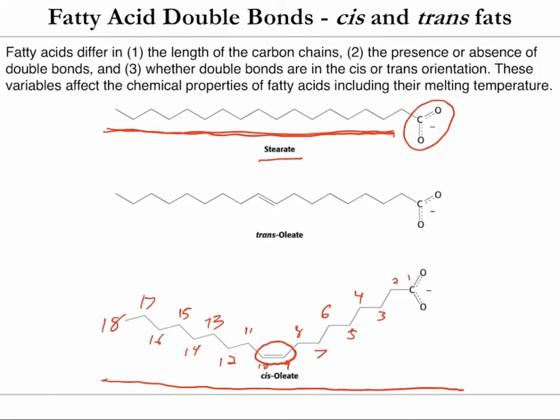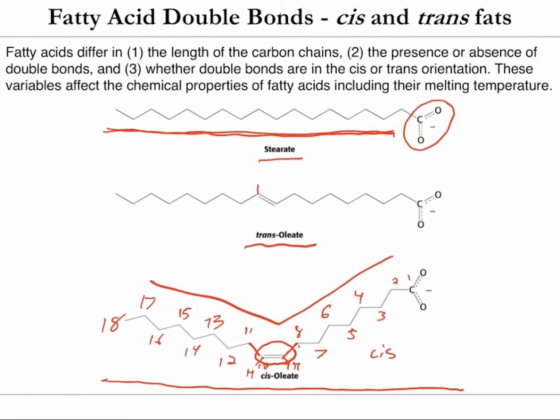This changes the conformation of this hydrocarbon chain. This double bond in this molecule is in the cis orientation, and that means basically it comes down here, there's a hydrogen here, there's a hydrogen here, and then it goes up in this direction. This actually makes a kink in the chain. There are also trans fats that have double bonds.